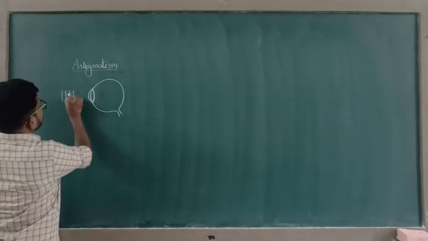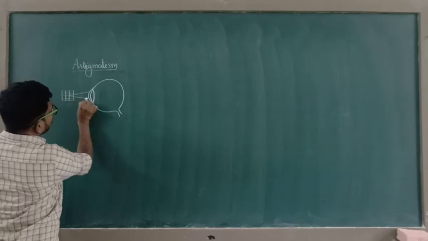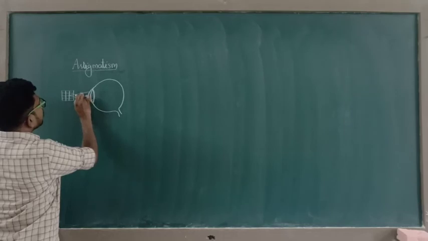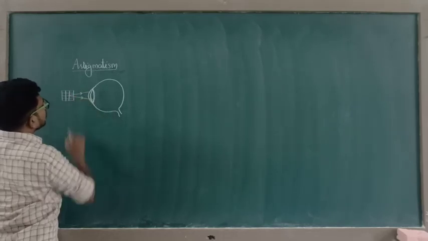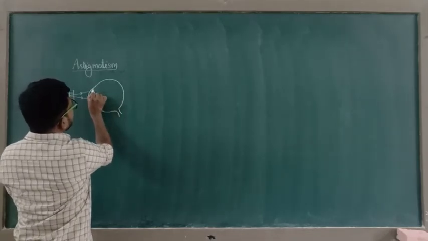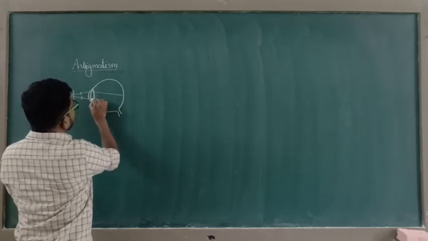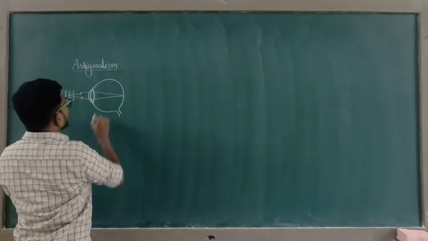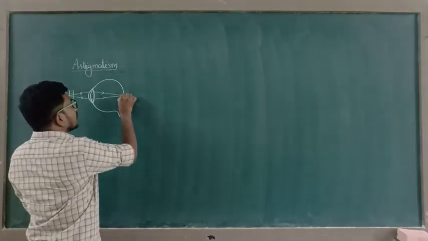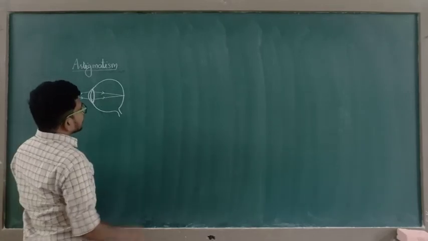Now rays from this object, direction of incident light rays, coinciding point lies on the retina, direction of refracted light rays. But for this person, this object appears like this.